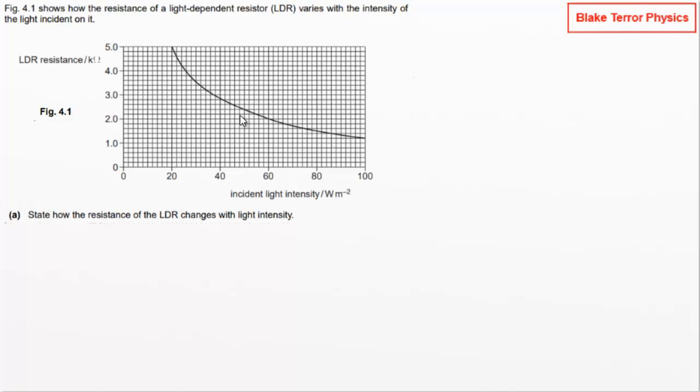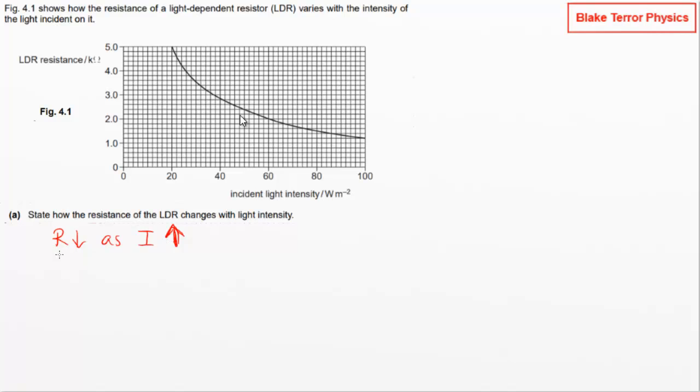Figure 4.1 shows how the resistance of a light-dependent resistor varies with the intensity of light. State how the resistance of the LDR changes with light intensity. So resistance decreases as light intensity increases.